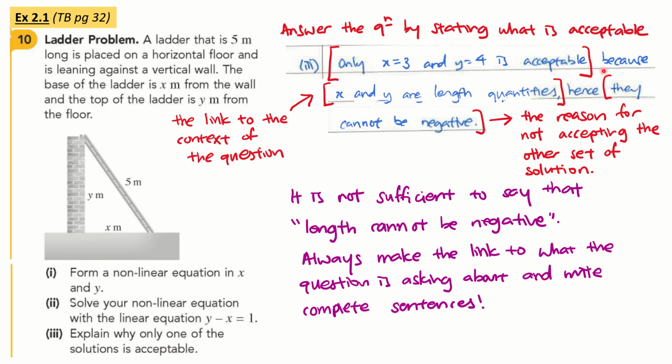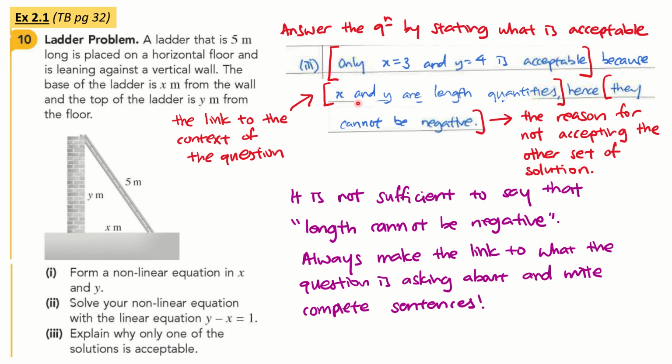Okay, I explain by saying that because x and y are length quantities. So quantity is a physical attribute, if I get that correctly explained. So x and y, they are quantities themselves, and they are length quantities. That means to say that they are length measurements.